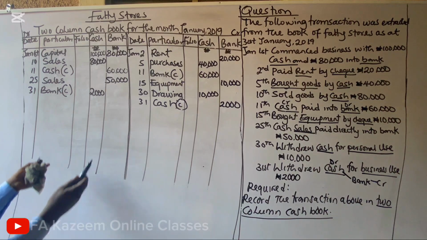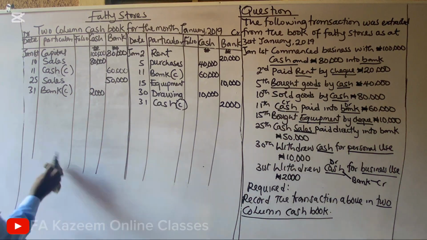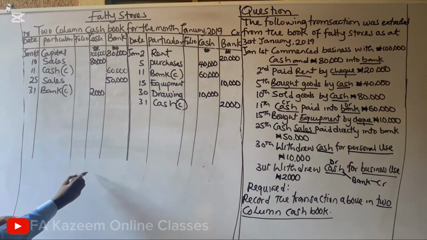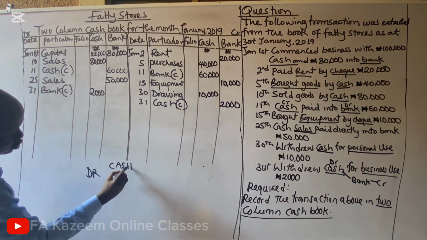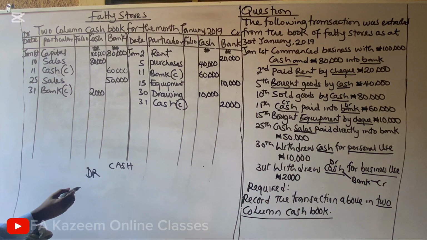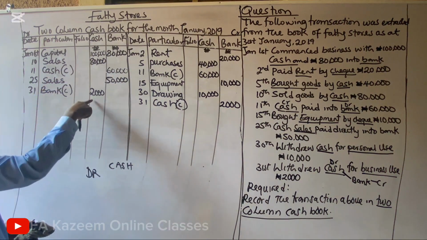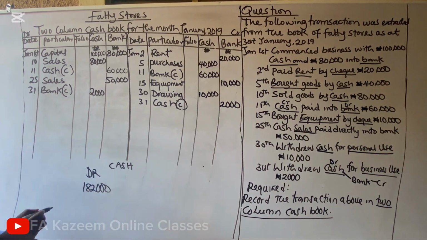After this, we are done with posting, recording in the two-column cash book. The next is how do we balance a two-column cash book? Let's start from the cash aspect. We'll add the debit side of the cash. You don't need to show this, just total it. 100 plus 80, 180 plus 2,000, 182,000 for cash.